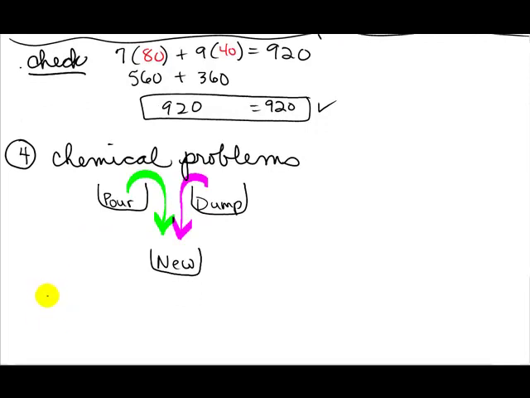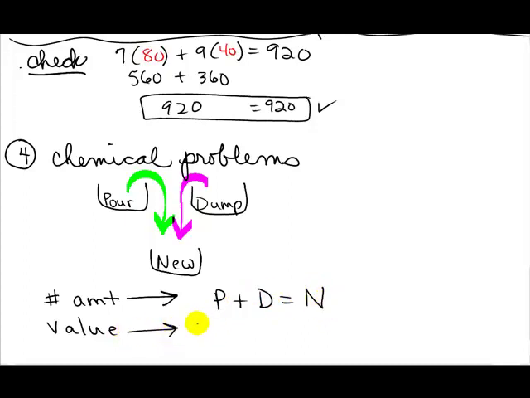So this is what we're going to use. The number amount, and then we're going to have the value. The number amount is going to be P plus D equals the N. What we poured plus what we dumped to get what is new.